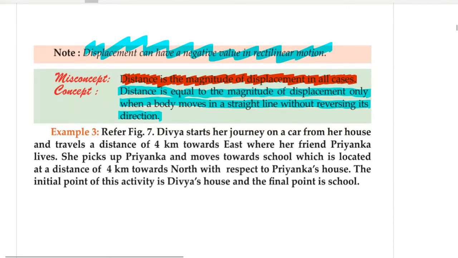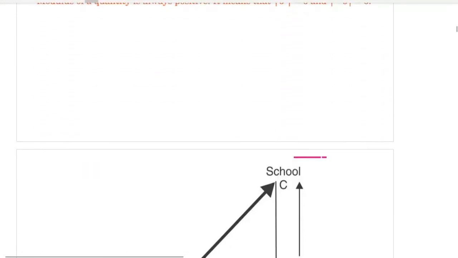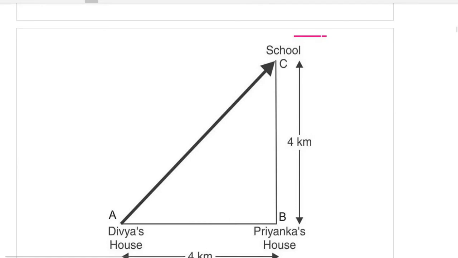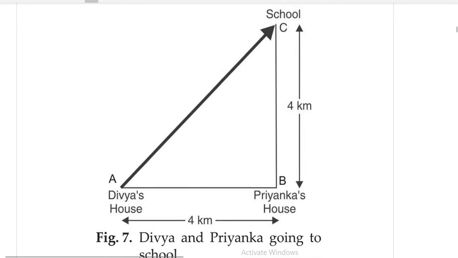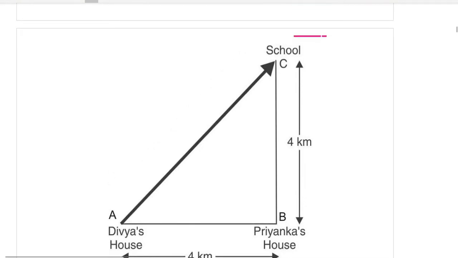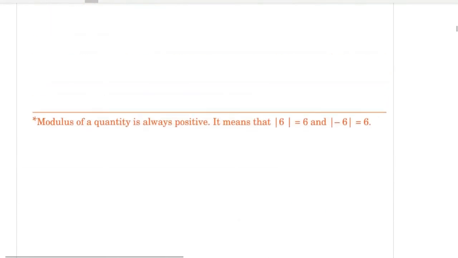Refer figure number 7. Divya starts her journey on a car from her house and travels a distance of 4 kilometers towards east. Okay, so this is the figure. This is point A, which is Divya's house. This is Priyanka's house, and this is the school. So, what is the question?